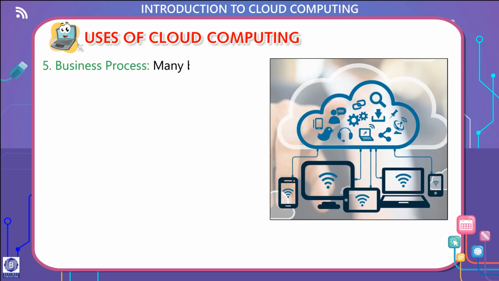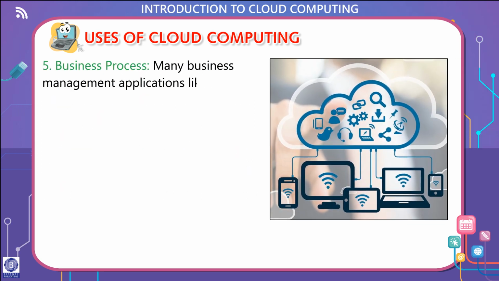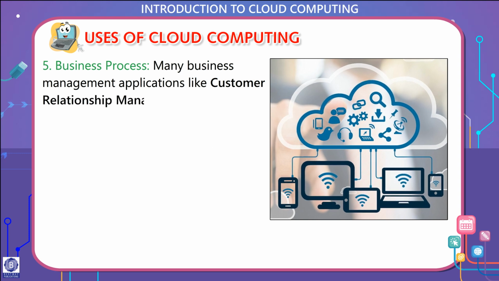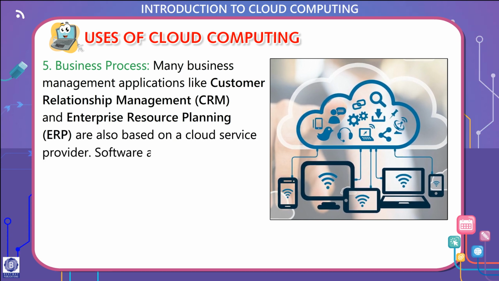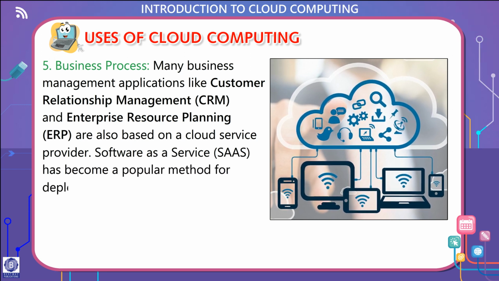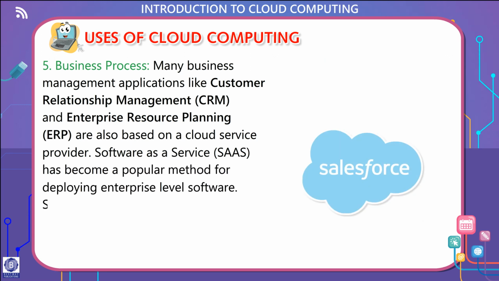Business process. Many business management applications like Customer Relationship Management (CRM) and Enterprise Resource Planning (ERP) are also based on a cloud service provider. Software as a service (SaaS) has become a popular method for deploying enterprise-level software.